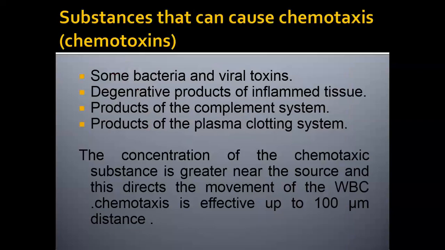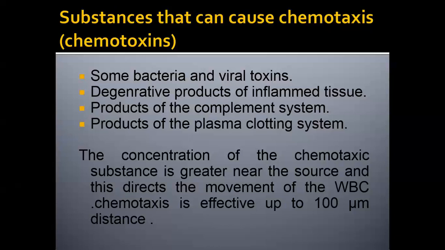Now, what are the chemotactic substances that attract the white blood cells to the site of injury or inflammation? It can be bacterial toxin, viral toxin. It can be, as we said, the debris or the degeneration products of the inflamed tissue. It can be complement system component products or plasma clotting system components.